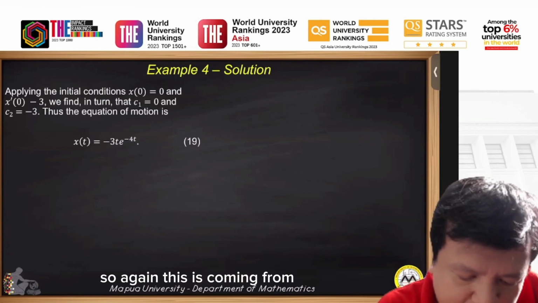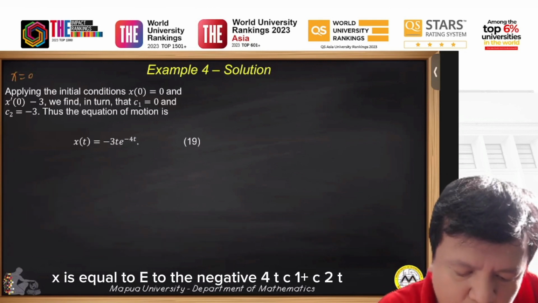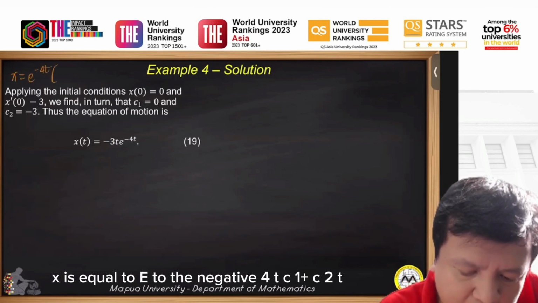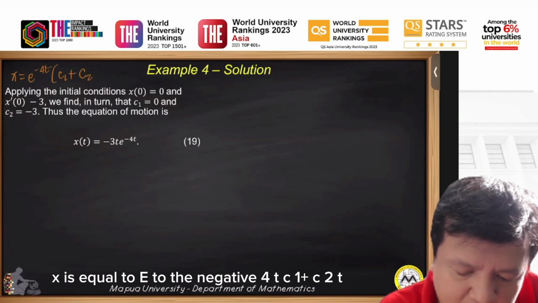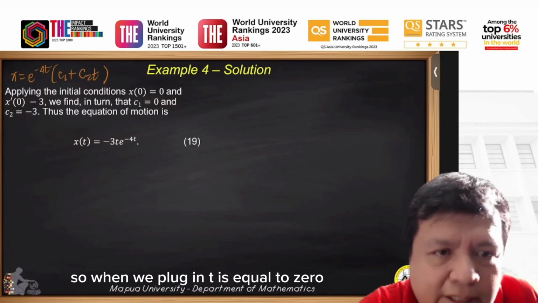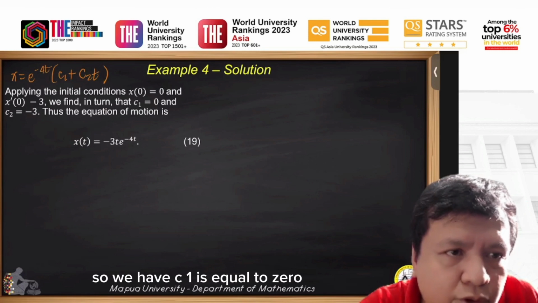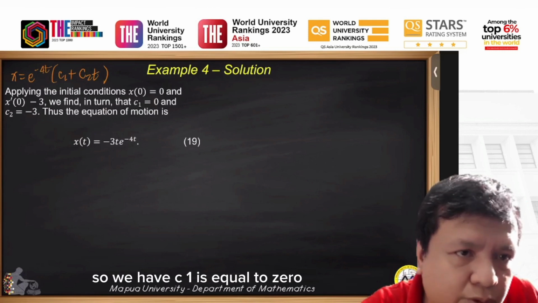So again, this is coming from x is equal to e to the negative 4t times C1 plus C2t. So when we plug in t equal to 0, we have C1 is equal to 0.